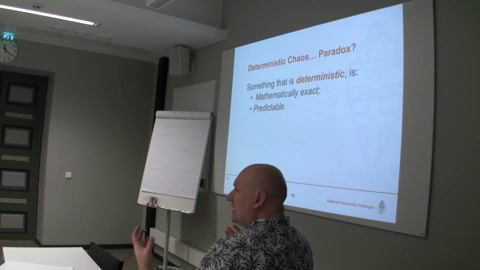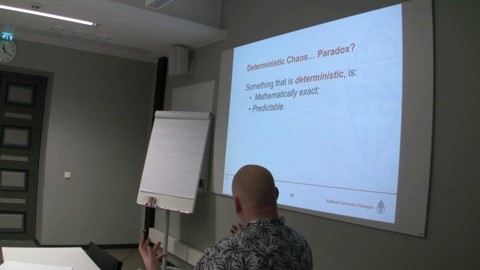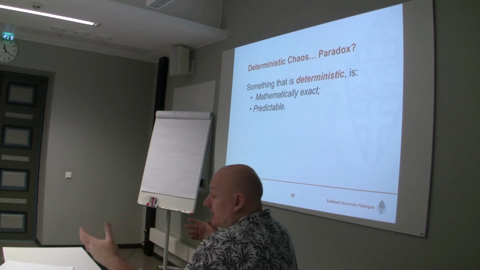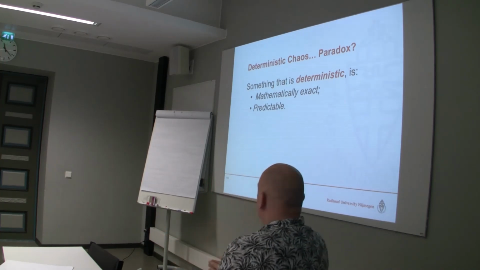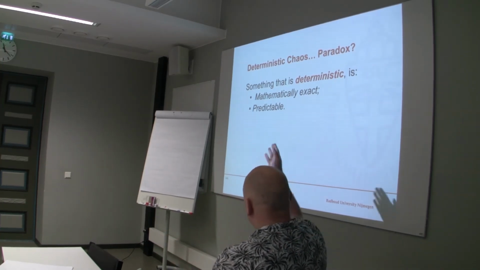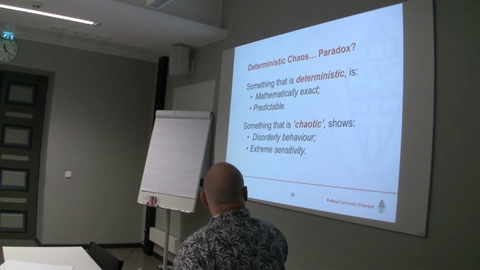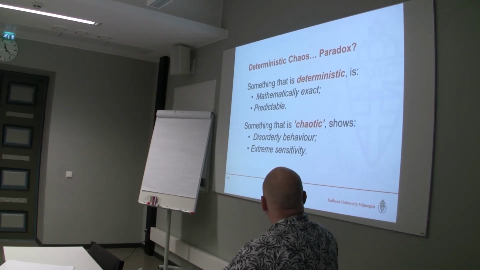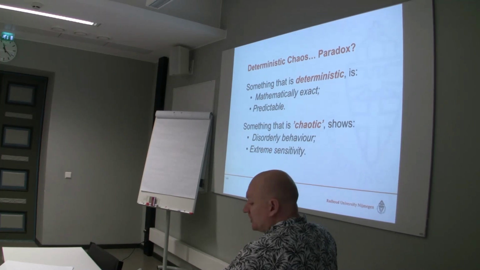So much of the energy that goes into real-world applications of systems that are actually chaotic, like the weather, is to get those measurements of the initial conditions as accurately as possible, because that's what will affect the predictability. So something that is chaotic in the deterministic sense is indeed showing disorderly behavior, and is extremely sensitive to small changes.